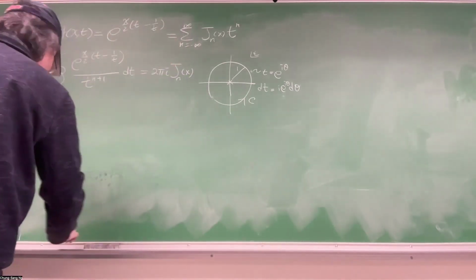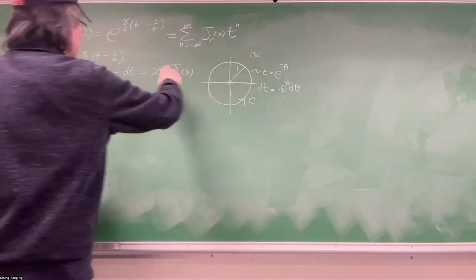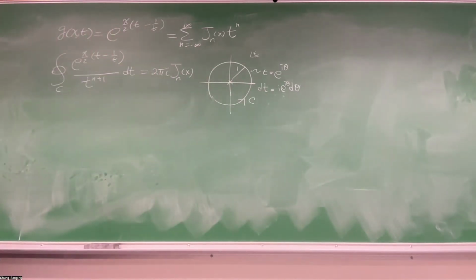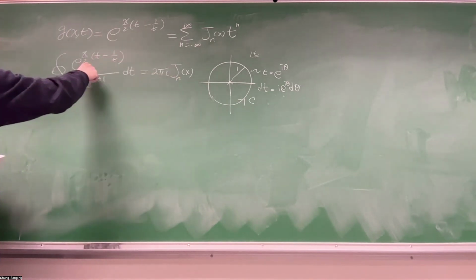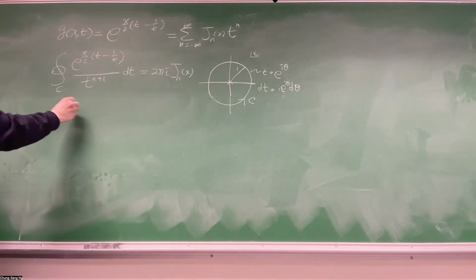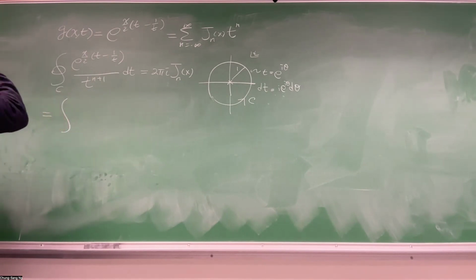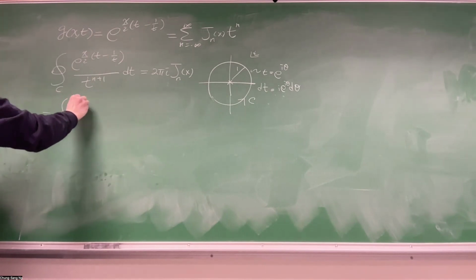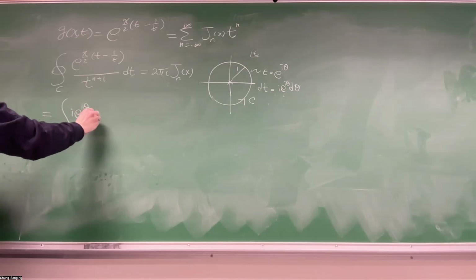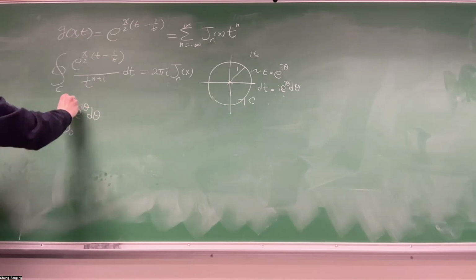And then again, using this to change it to a theta integration: 2 pi I J sub n equals the theta integration. Again, you have I e to the I theta d theta for dt.